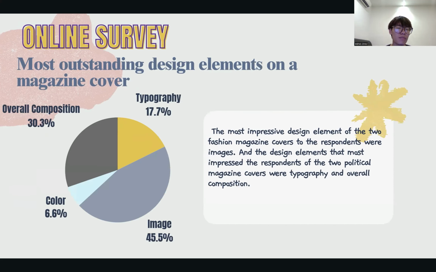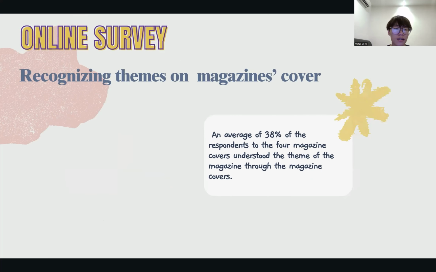And next is about most outstanding design elements on a magazine cover. So the most impressive design elements of the two fashion magazine covers to the respondents were images. And the design elements that most impressed the respondents of the two political magazine covers were typography and overall composition.